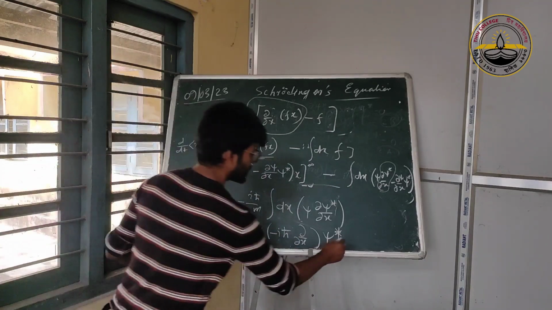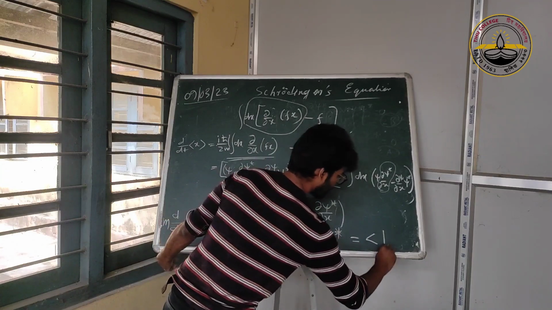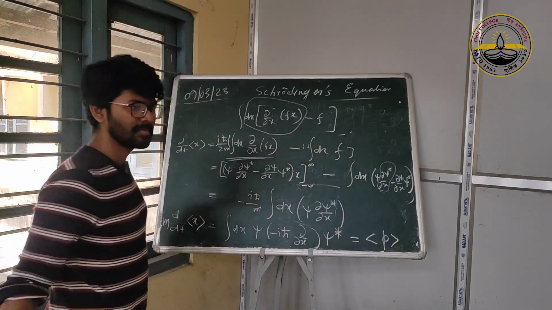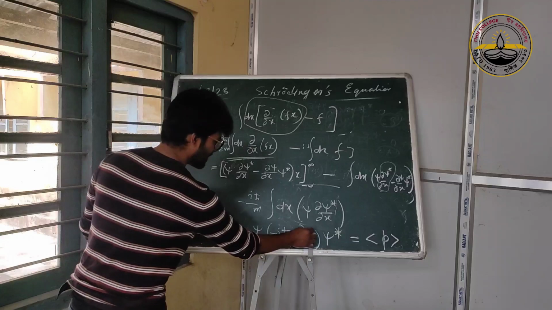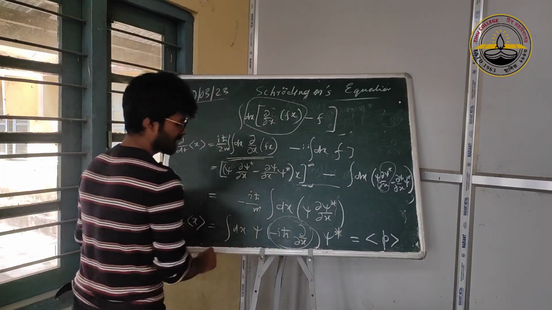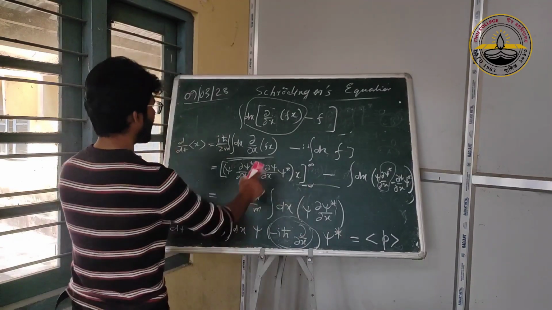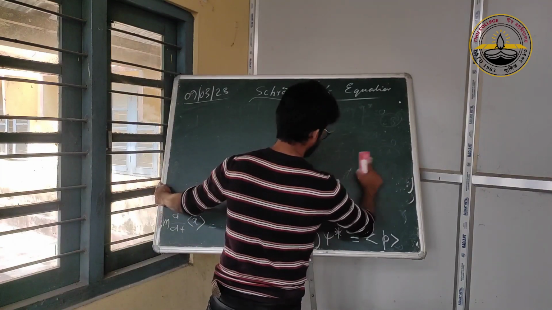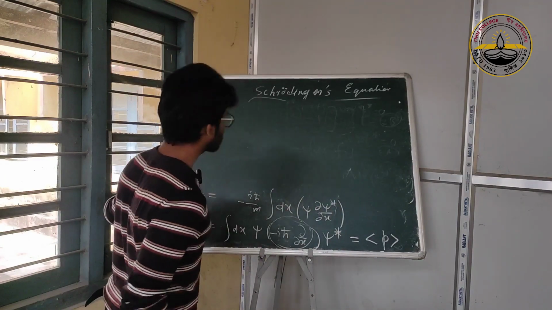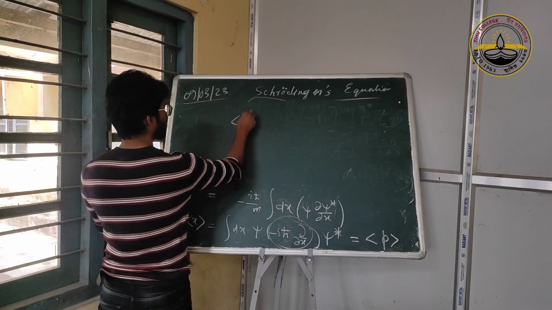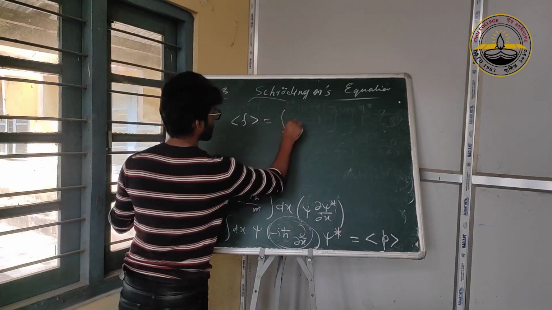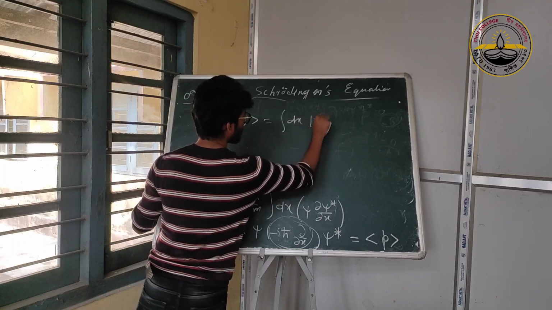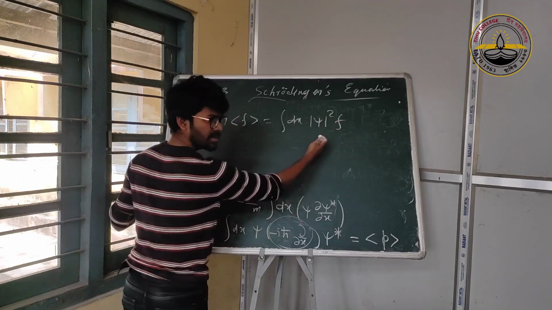This, we say, is an expectation value of momentum. And this thing that is inside, so if you remember now expectation value of anything, like some f, was dx mod psi square f, right?